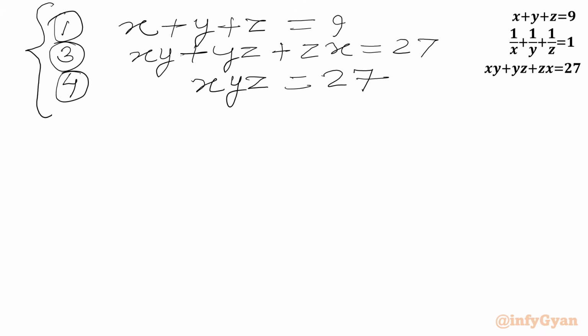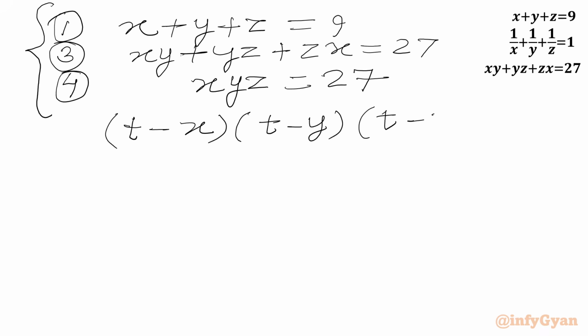We will write our cubic equation in t whose roots are x, y, z: t minus x times t minus y times t minus z equal to 0. Now we will simplify our LHS.